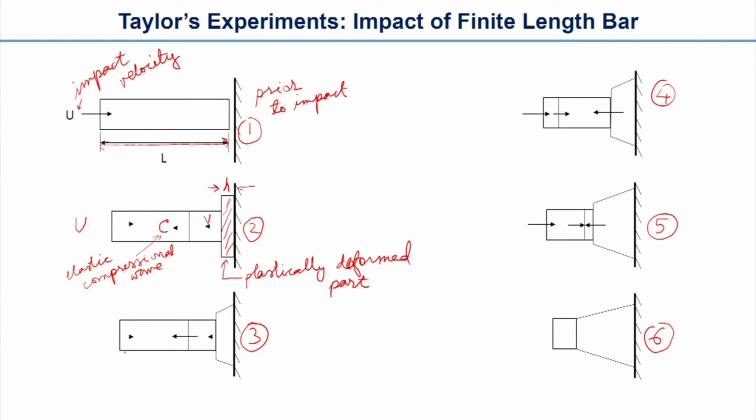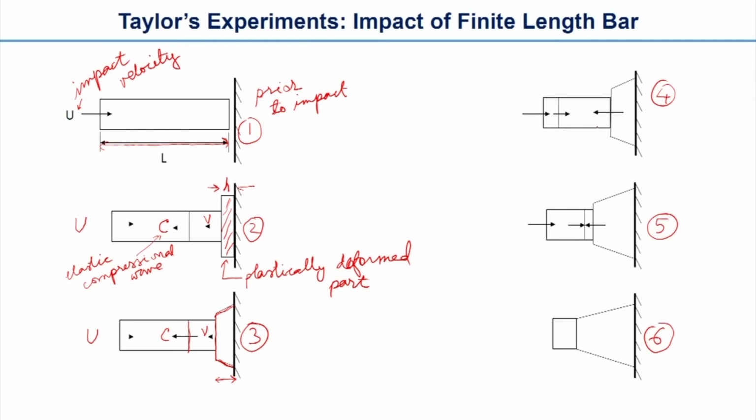At the third step, this plastically deformed zone will be longer. You can see that the plastically deformed zone is now thicker, and as we said earlier, this is the elastic wave front, and this is the plastic wave front, and this is u.